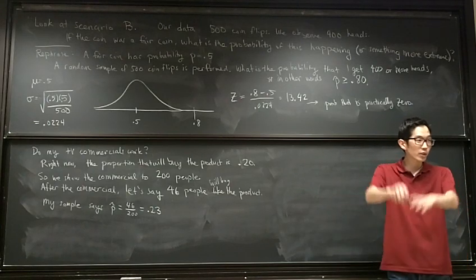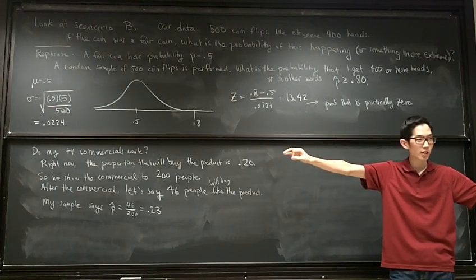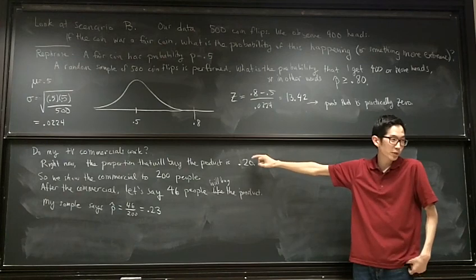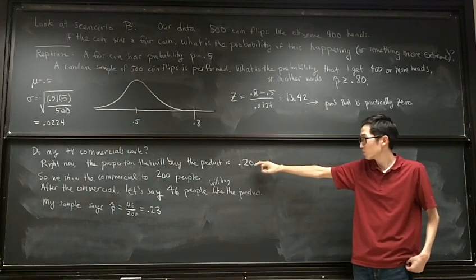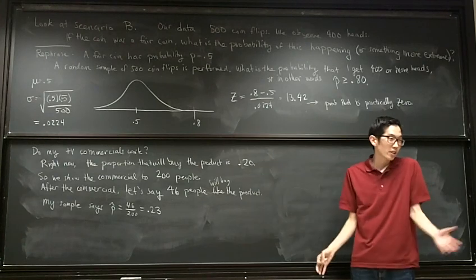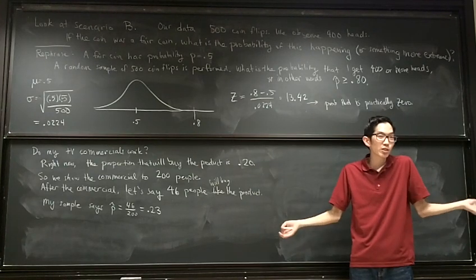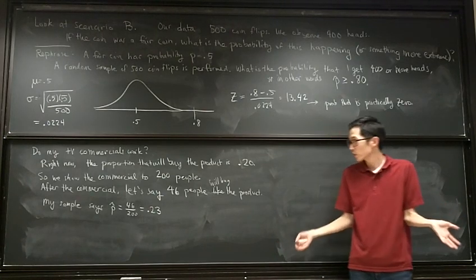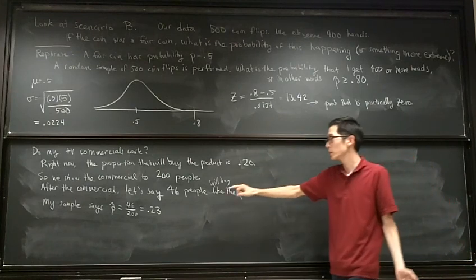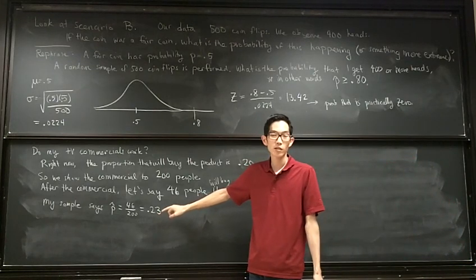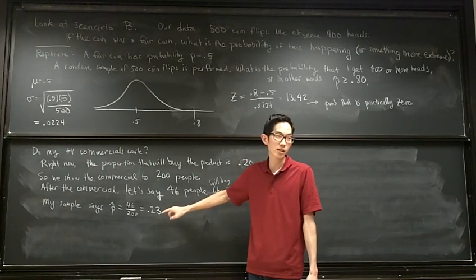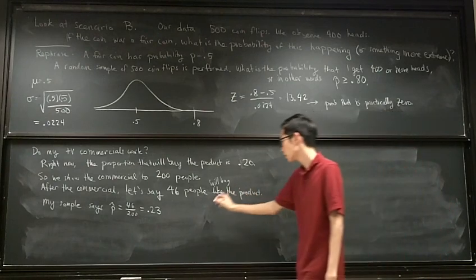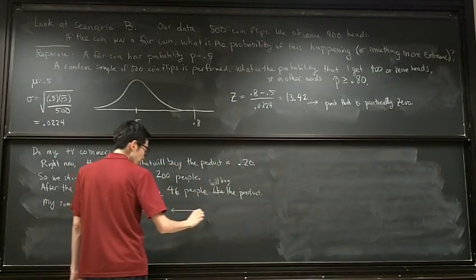Because if I just pick 200 people at random, and the true proportion is that overall 20% of the population likes your product, it could just be by random chance that I happen to get 23% of people that like the product, right? That could happen just by random chance. So we've got to figure out what's the probability that I got 23% of my sample liking the product just by random chance, okay? So then we're going to ask, what is the probability that this happened by random chance?